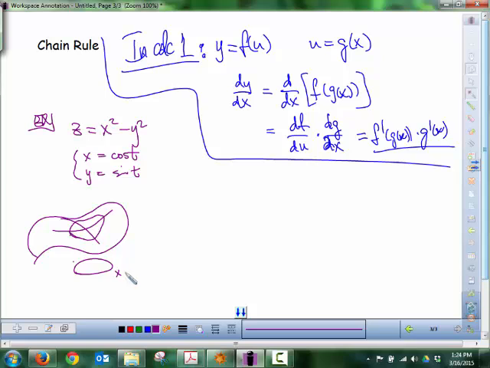So this is your xy plane, and it got projected up there. Okay.